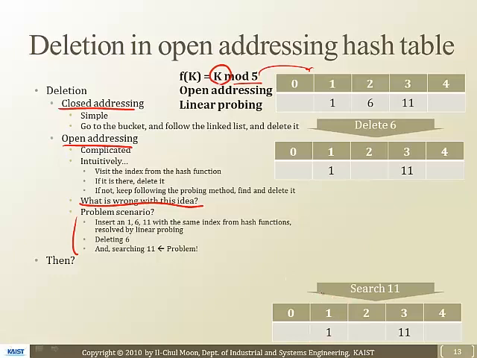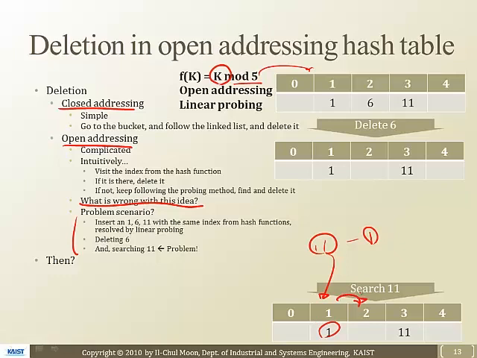We are searching for 11, and the original index is 1, so we go to index 1. But it's occupied by value 1, and it's not equal to 11. But still there is a chance that 11 is stored next door, because it's using linear probing.